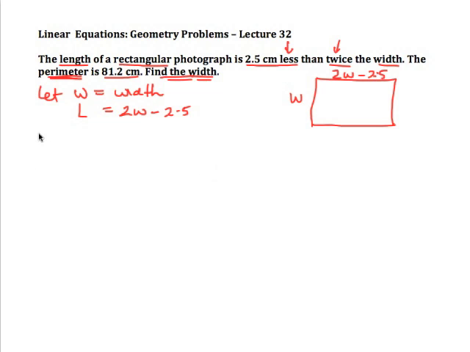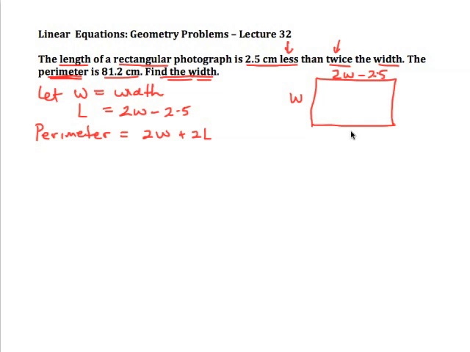Right, now the next thing we're told is we have the perimeter. Now the perimeter, of course, is how far it is around the outside. So our next step here is to see if we can work out an equation that we will need to solve. The perimeter of a rectangle is going to be equal to twice the width plus twice the length.